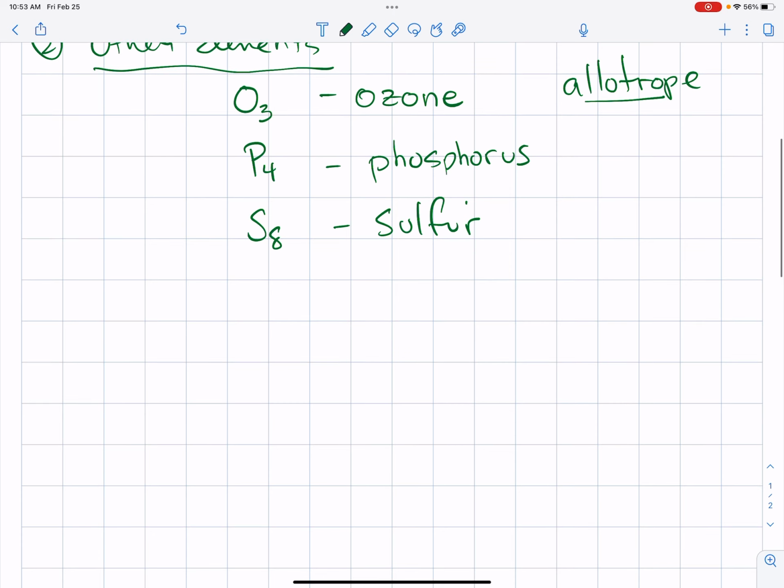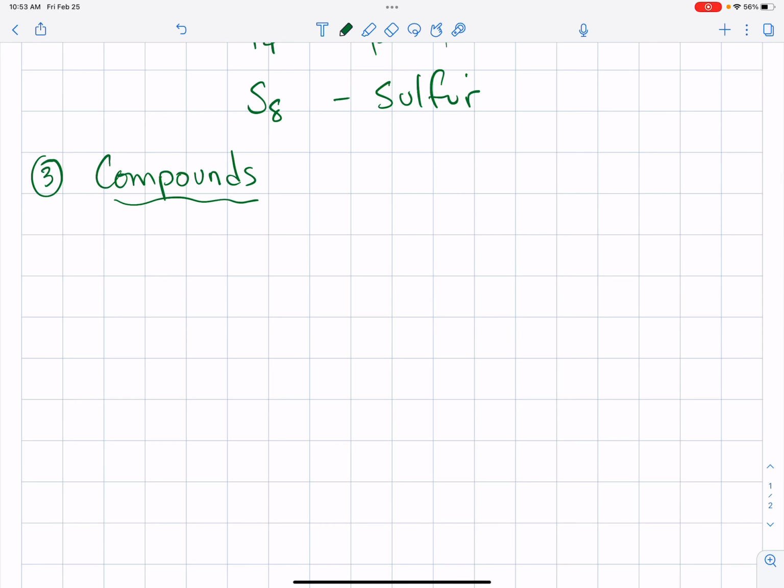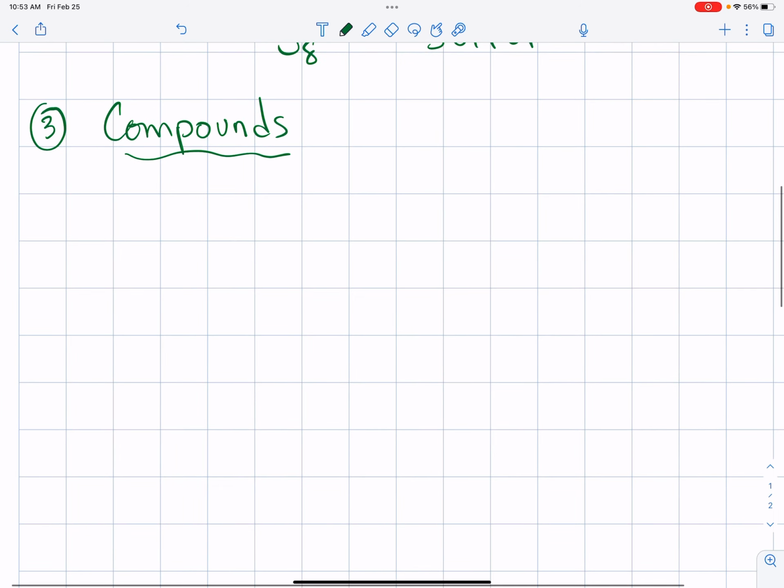Then there are some compounds whose names are not systematic names, at least not systematic in the form that we've been learning so far. Perhaps the most common one would be H2O. If you see H2O, you're not going to say, oh, that's a covalent compound, and then start using prefixes.